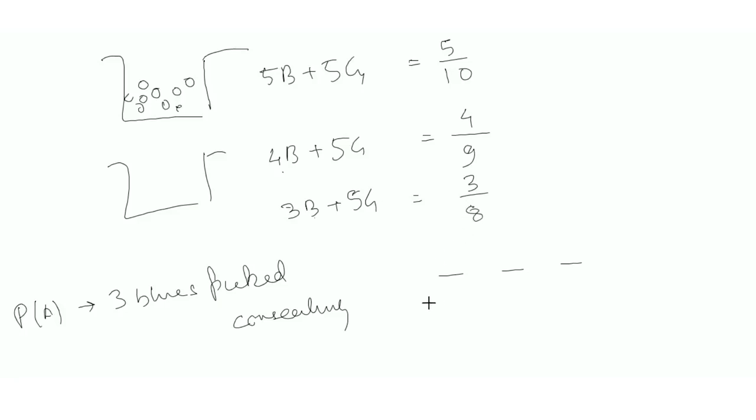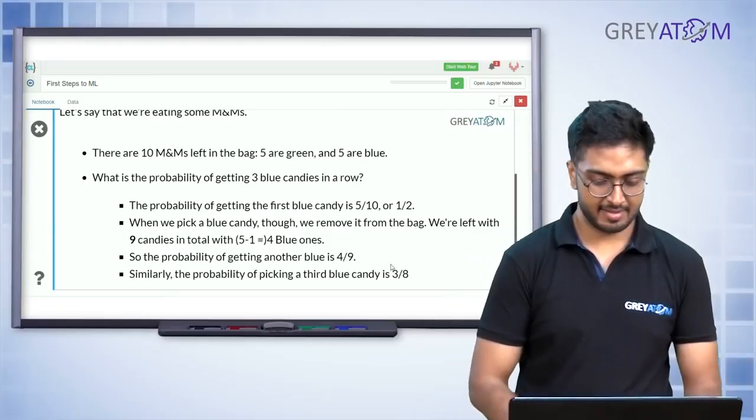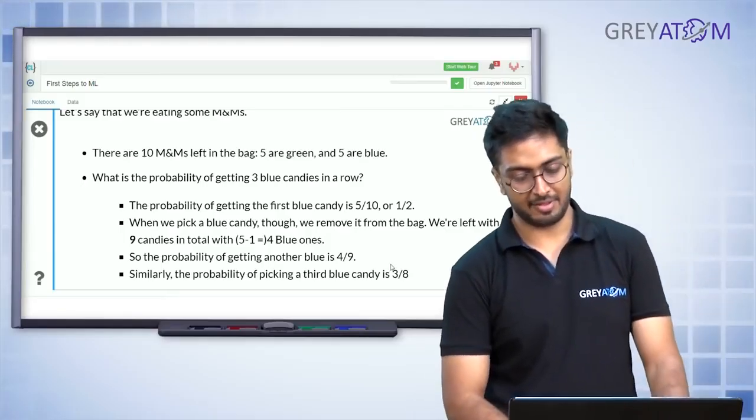So the probability of this particular event happening is 5 by 10 into 4 by 9 into 3 by 8, right? That's the understanding that we need to develop.